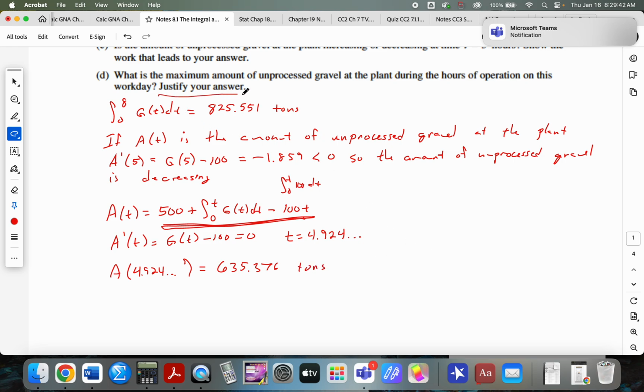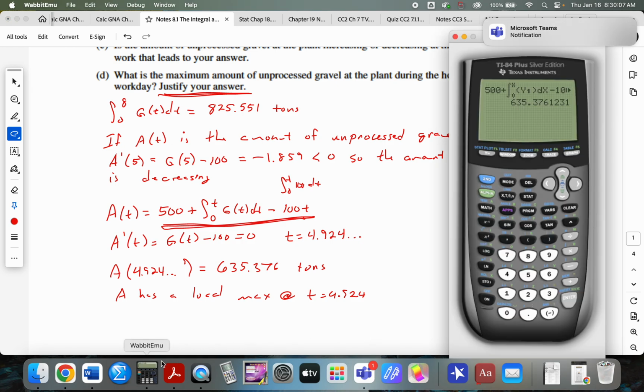It also says justify your answer. So A has a local max at t is equal to 4.924. How do I know that that was a local maximum from the graph? Switch from positive to negative. Exactly.